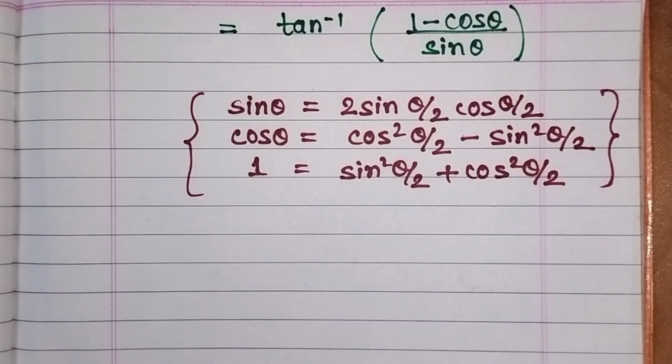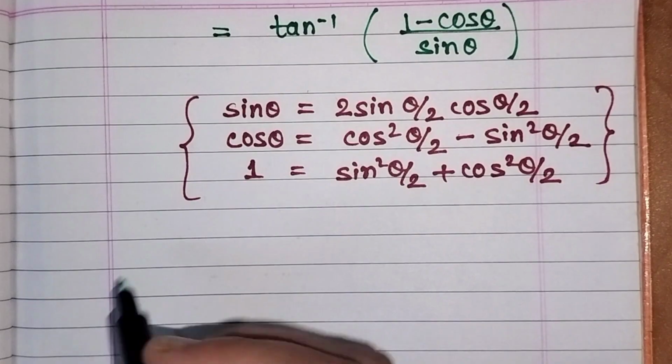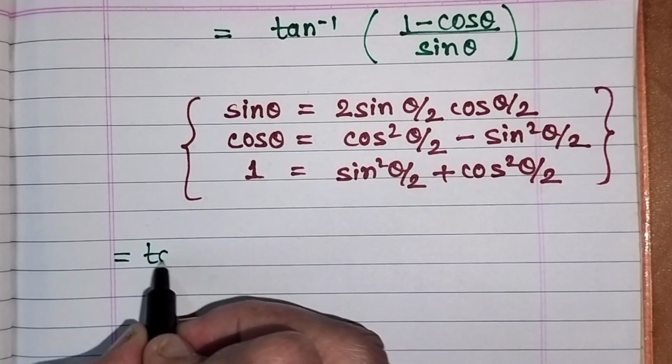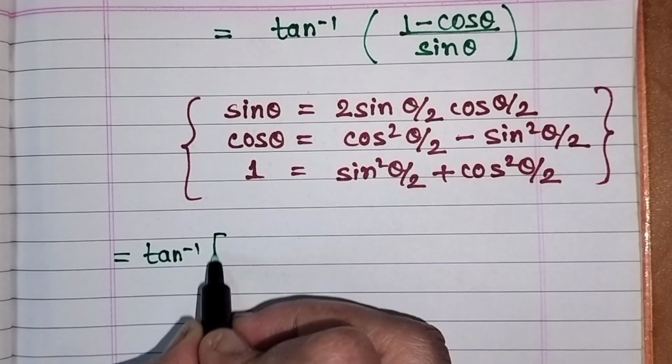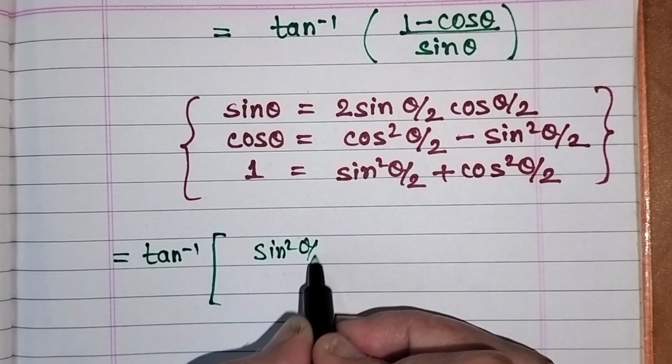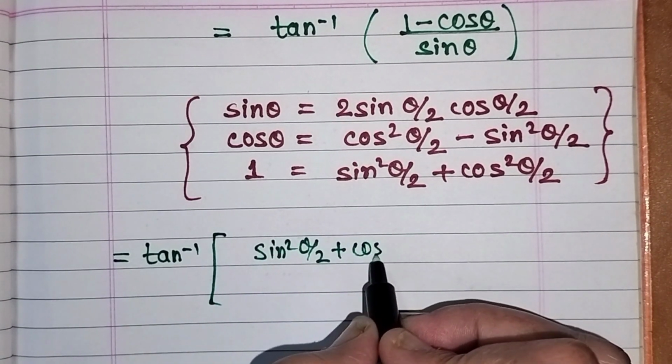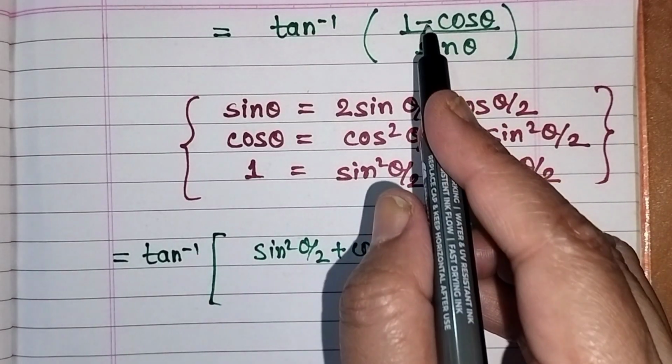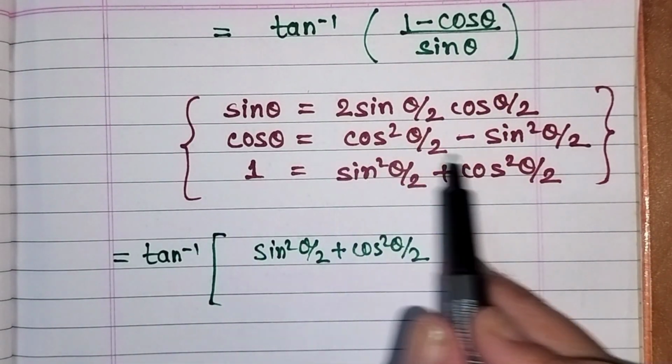So we will put all these formulae in the term which is tan inverse. So you have, for 1 we will write sin square theta by 2 plus cos square theta by 2. For minus cos theta, we will apply this formula.